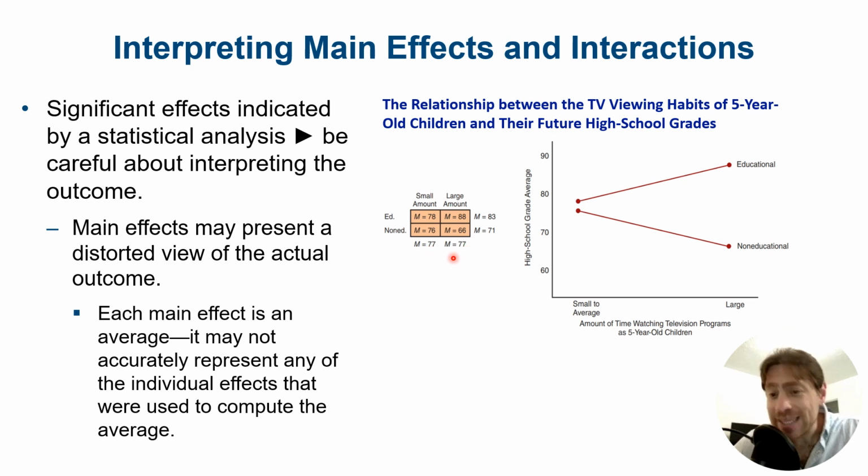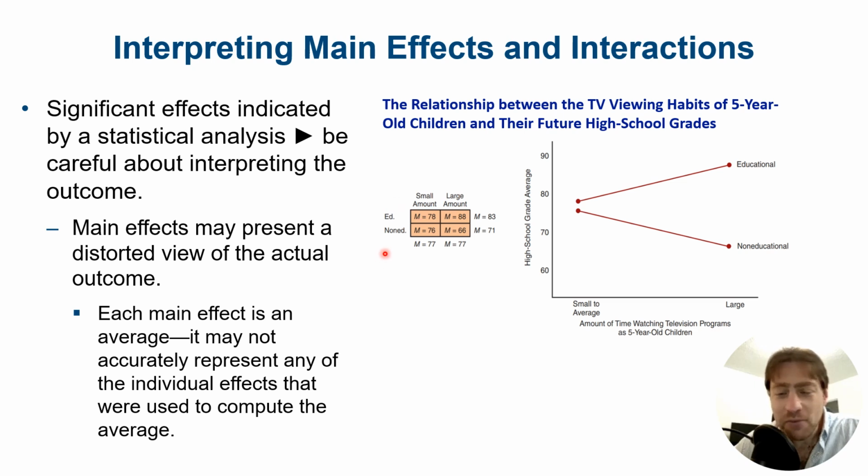But looking at the line graphs, we see that the lines are not parallel, indicating the presence of an interaction. If we look closely at these numbers, we see a more interesting and more nuanced story. For the educational condition, a large amount of educational television resulted in higher grades than a small amount of educational television.